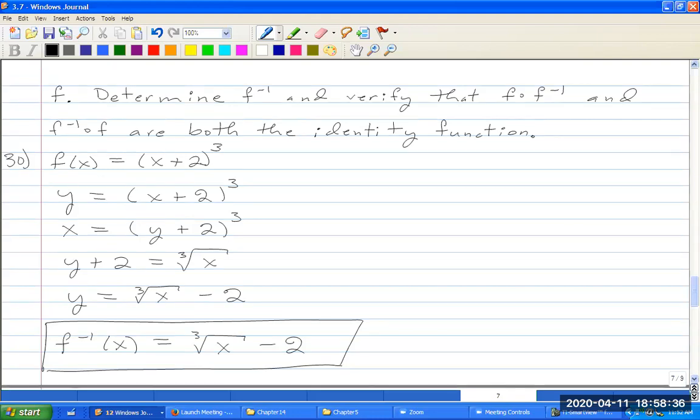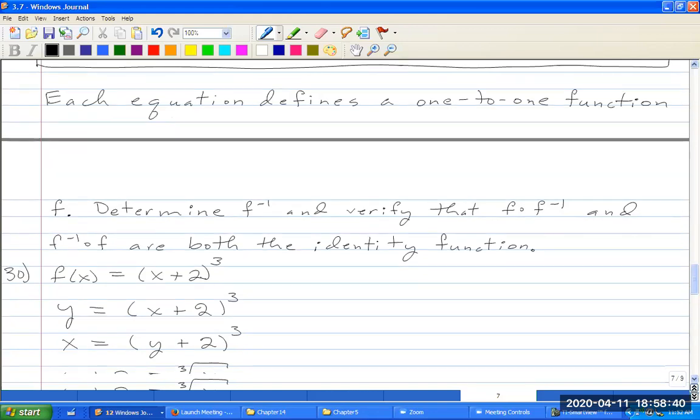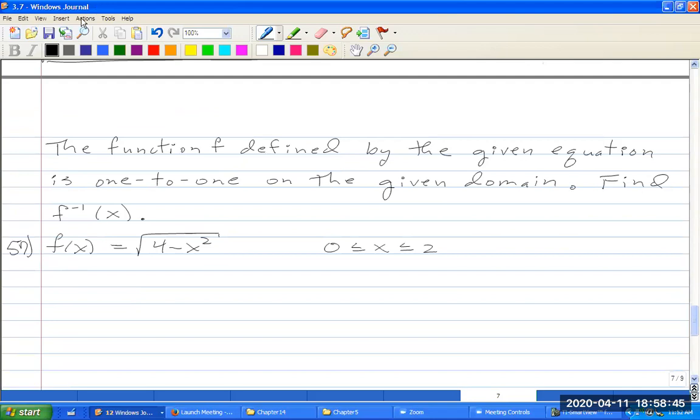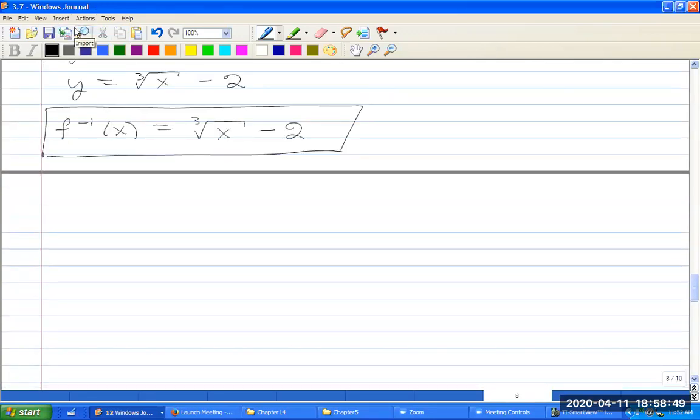Then I have to find the domain. Verify. So now let's do some verification. I want to verify that f composed with f inverse is the identity.